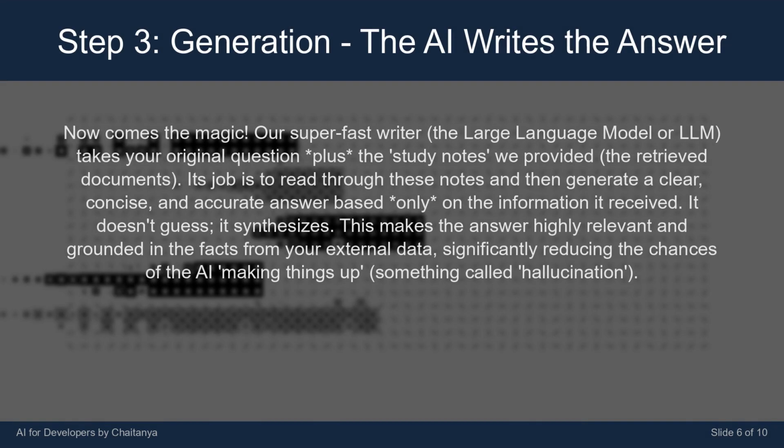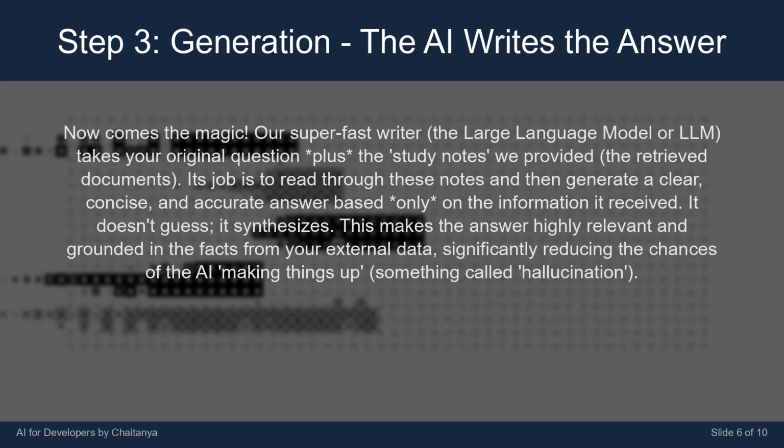Now comes the magic. Our super fast writer, the large language model or LLM, takes your original question plus the study notes we provided, the retrieved documents. Its job is to read through these notes and then generate a clear, concise, and accurate answer based only on the information it received.